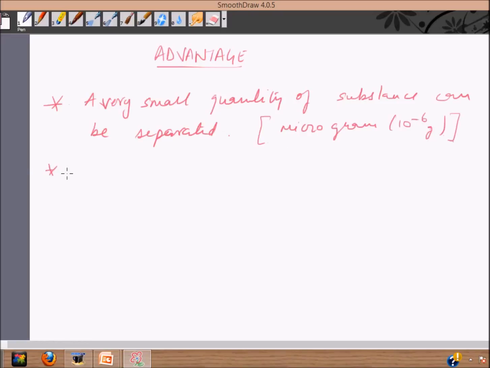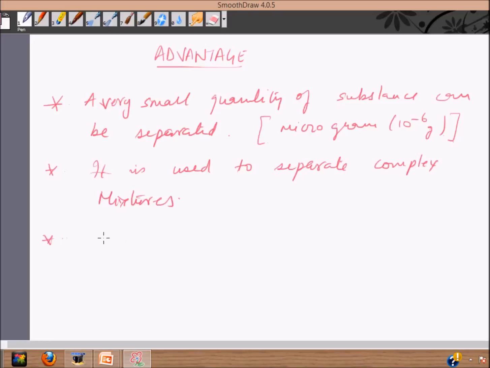What is the second advantage over other methods? It is used to separate complex mixtures, right?